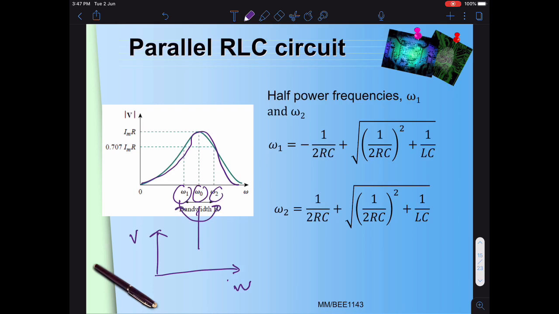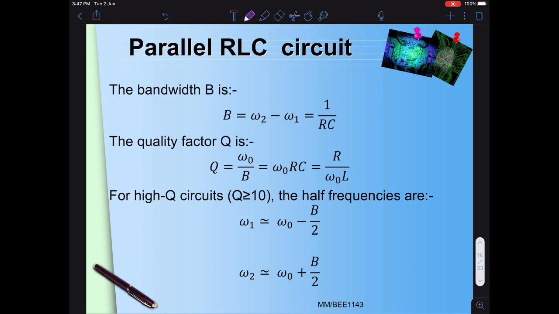Here the element is the current multiplied by R, and it decreases to 0.707. This is a very long formula. Can you guess, is this a similar formula or a different formula from the series RLC circuit?